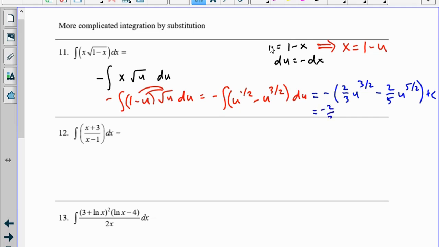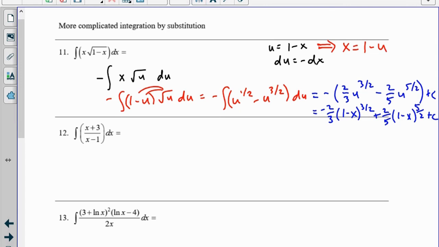So I have negative 2/3 times 1 minus x to the 3/2 plus, notice it turned into a plus because I'm distributing the negative sign, plus 2/5. I don't want to put a u in because I'm writing my final answer. So this is going to be 1 minus x to the 5/2 plus c.